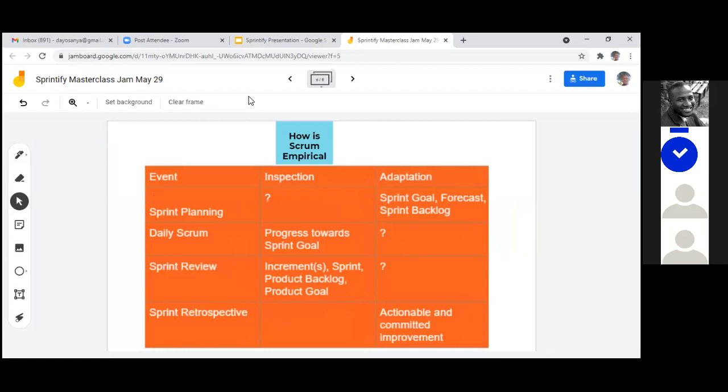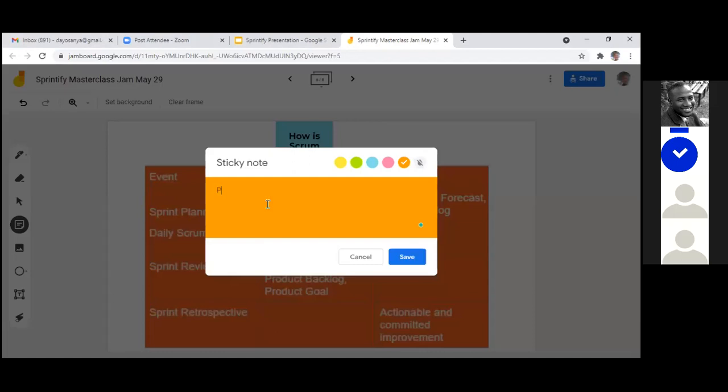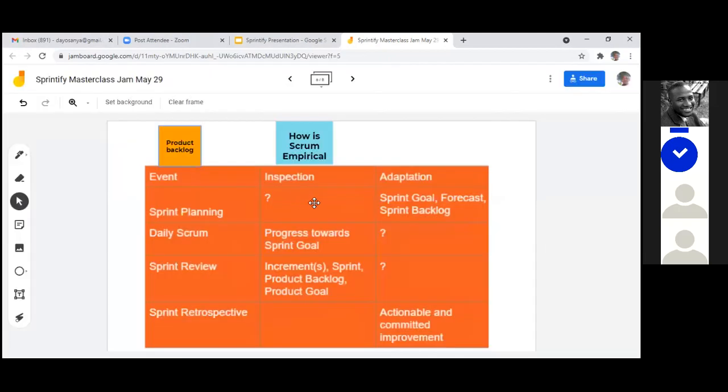We are seeing it. Okay, so how is Scrum empirical? During the sprint planning, what is the team trying to inspect? What they are trying to inspect is the product backlog. The product backlog is what we call a wish list, or an emergent ordered list of all the features we need to achieve the product goal.